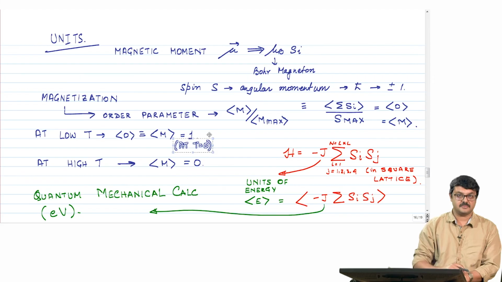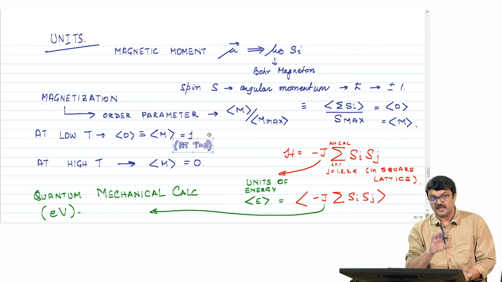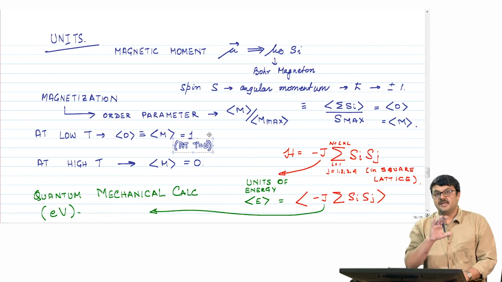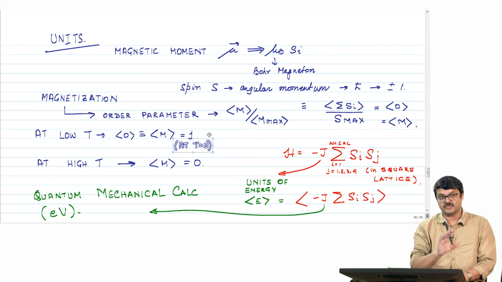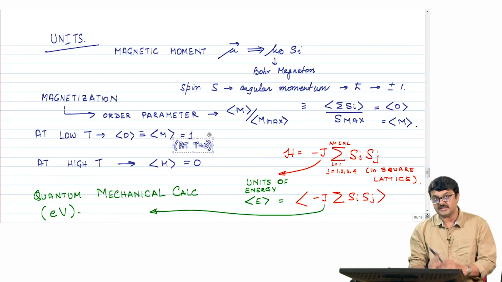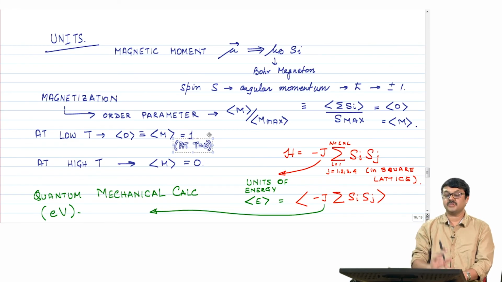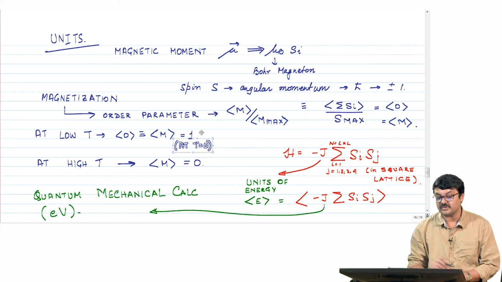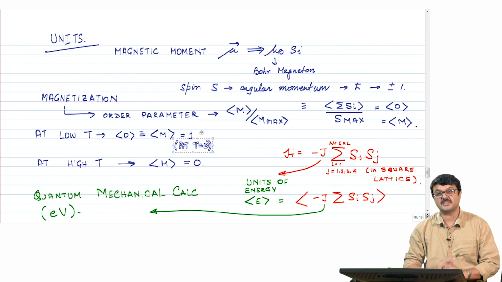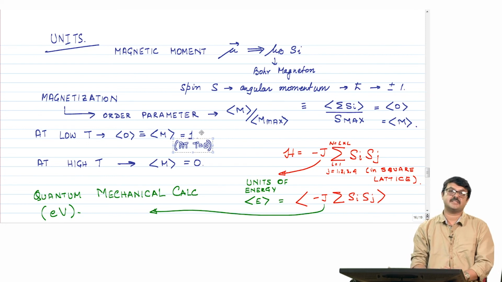Of course, there are quantum fluctuations, but we are at the moment treating the system classically, which means that h bar goes to 0. We are looking at only the thermal effects. So, for a classical spin system at T equal to 0, the order parameter magnetization will be equal to 1, which means it is perfectly ordered. All spins are pointing in the same direction, and that is minimizing energy.